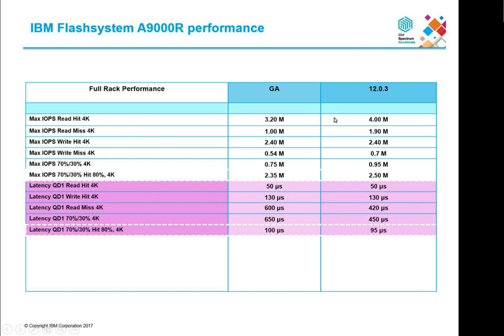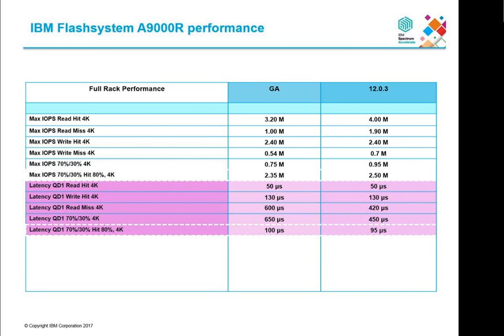So what you can do, again, this is a full rack. So this is a 6-grid element rack. And again, a better way to get an estimate is to use Disk Magic. But you can just do a straight mathematical reduction, because it scales fairly linearly from a 2-grid element to a 6-grid element.